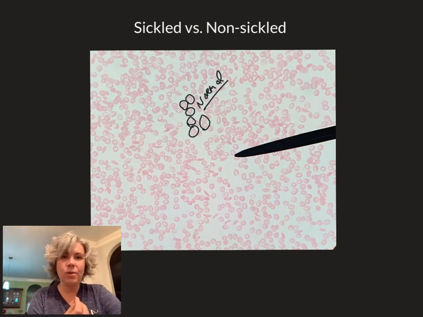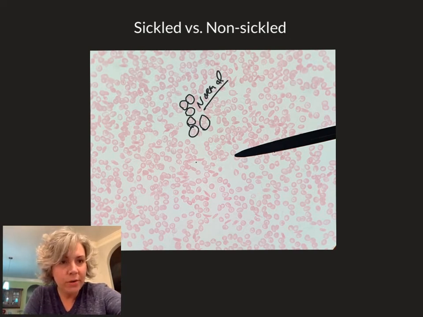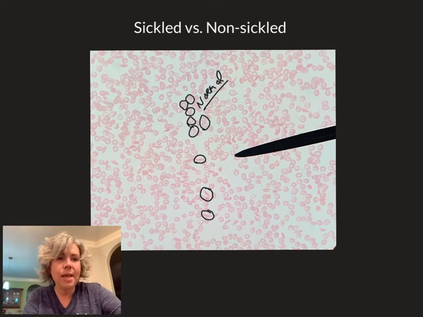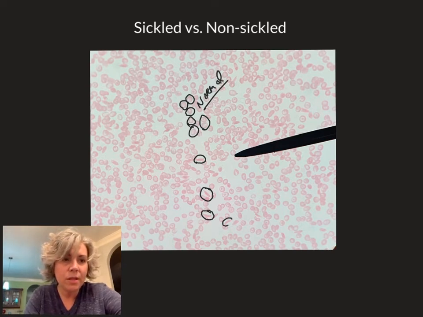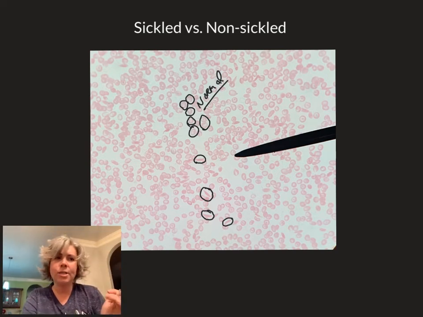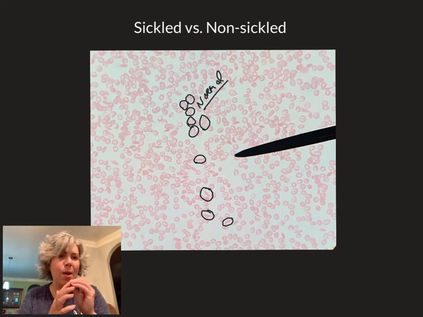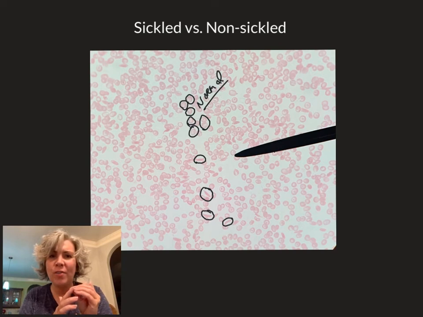Now, if we keep looking at the slide, we'll see there's some that are quite odd. They don't look like those nice round red circles. Look at this one right here. You see that one? Look at this guy down here. Right there. And look on further down. If you start looking, you can see some of these red blood cells look more like crescents or maybe little bananas, or they also make me think of the edge of a fingernail.